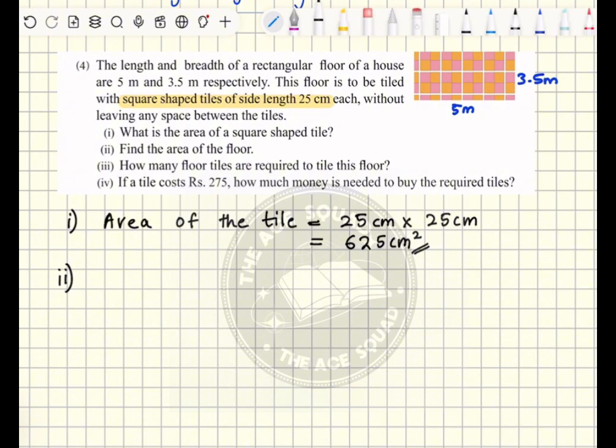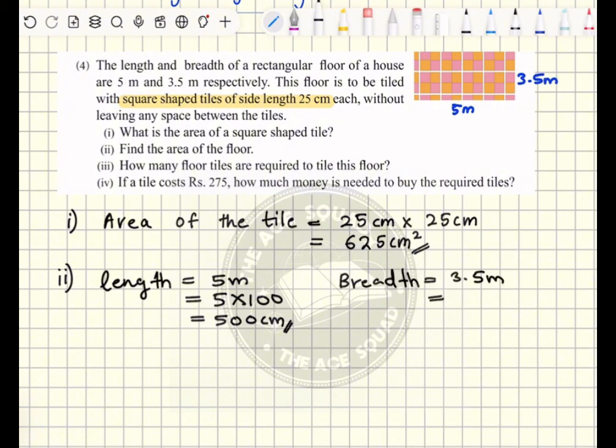So let's do that. Then the length, which is 5 meters, is going to be, 1 meter is 100 centimeter, so 5 times 100, 500 centimeters. Similarly, the breadth, which is 3.5 meter, if you convert that to centimeter, it's going to be 350 centimeters.